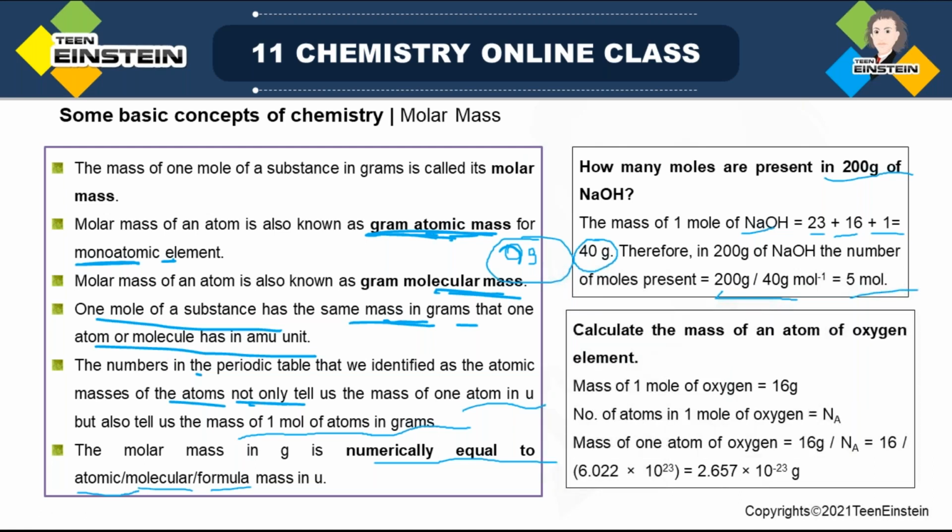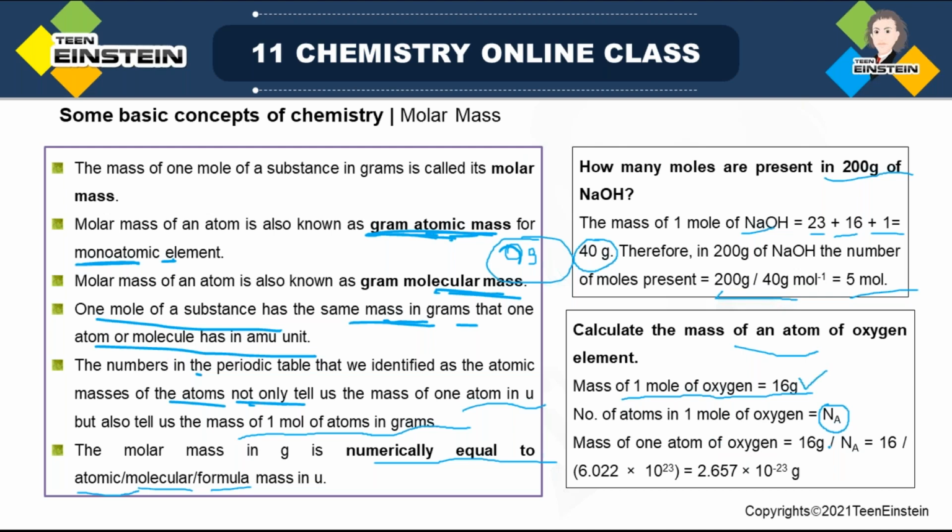Another example. Calculate the mass of an atom of oxygen element. Now it is not a mole. We want to know the mass of a particular atom of oxygen. But we know the mass of 1 mole of oxygen is 16 gram, and the number of atoms in 1 mole of oxygen is Avogadro number, right? So we can say that Avogadro number of oxygen atoms will have this mass.